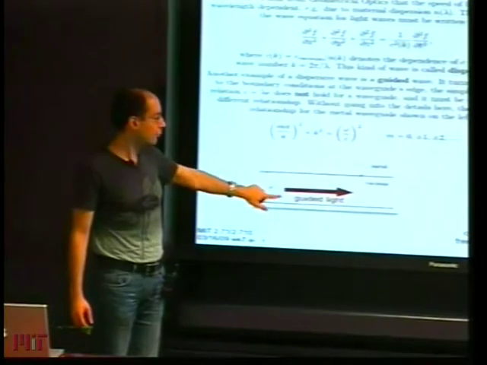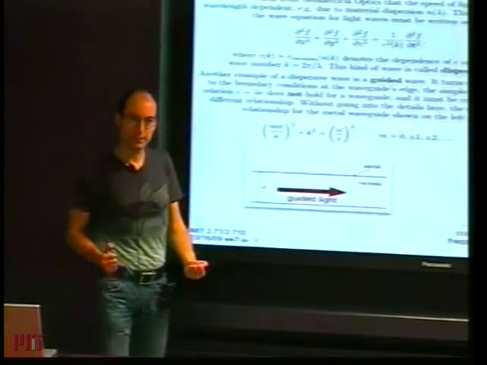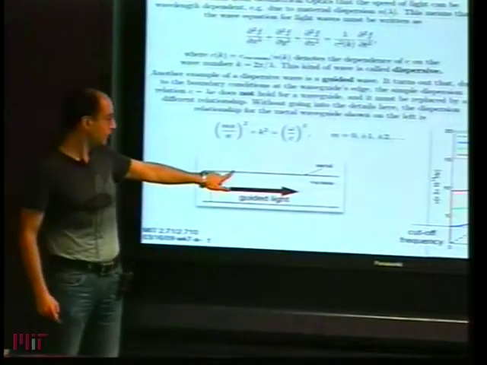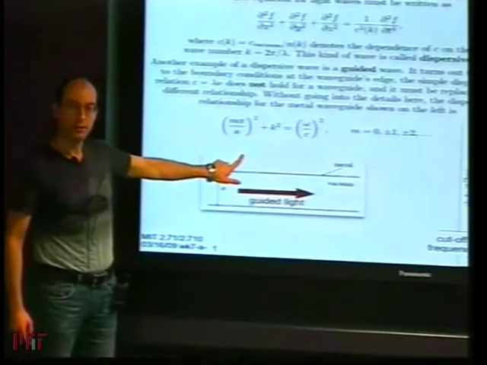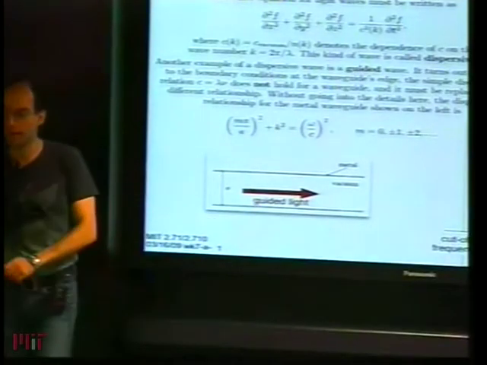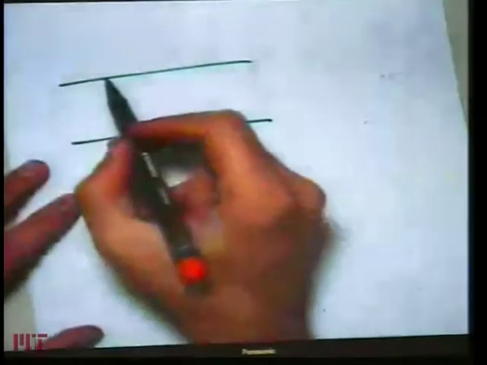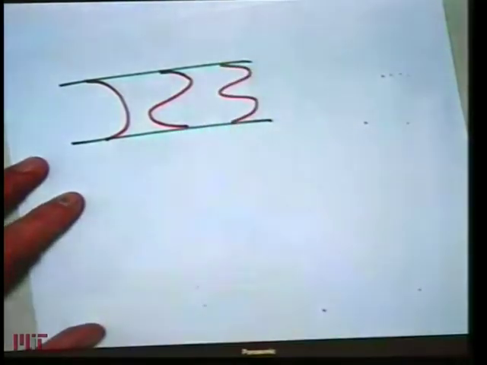So now if you have a sinusoid in this metal, the sinusoid is in kind of a straitjacket because it is sinusoidally varying, but also it must be of such a period that it vanishes at the edge of the waveguide. So for example, this is the waveguide, the sinusoid can be like this, that's fine because it vanishes. It can be like this, that's also fine, it can be like this, and so on, right?